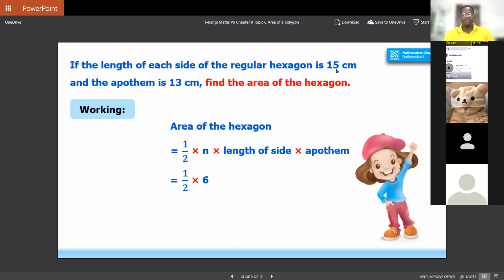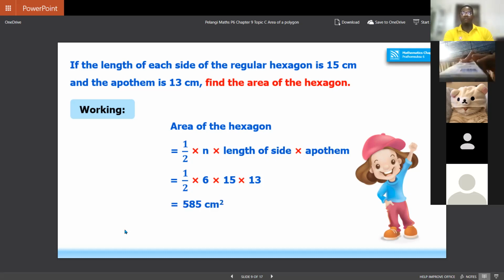The length of each side is 15 and the apothem is 13. If you divide, 2 cuts 6 to give 3. 3 multiplied by 15 is 45. Then 45 multiplied by 13 gives you 585 centimeters squared. Please do not forget the square. This is area, so it goes with the square.